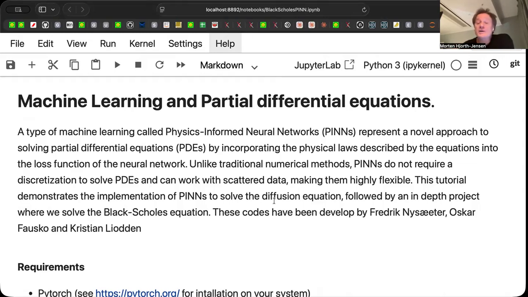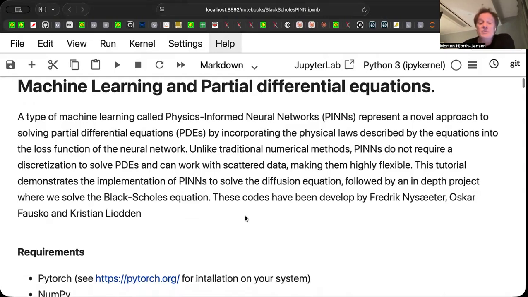So what we are going to show here is that the PINNs do not require the typical discretization which we have for solving partial differential equations. And for those of you who come from a field like finite element theory or finite volume methods, finite difference, you will now see really the benefits of setting up a differential equation solver with a neural network. And they are extremely flexible.